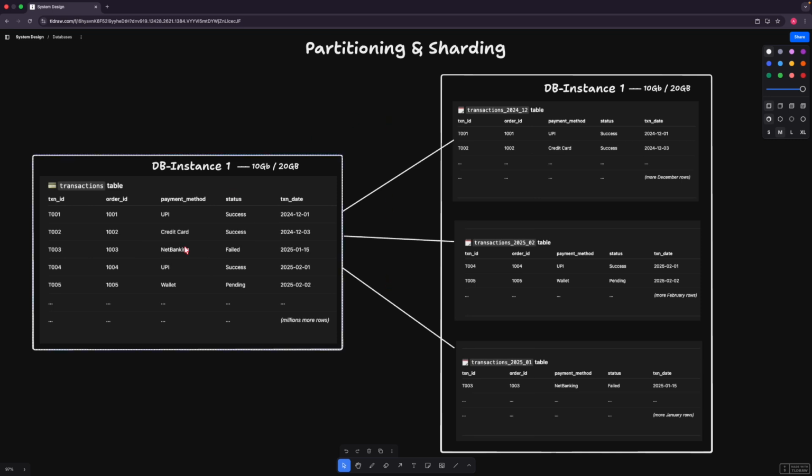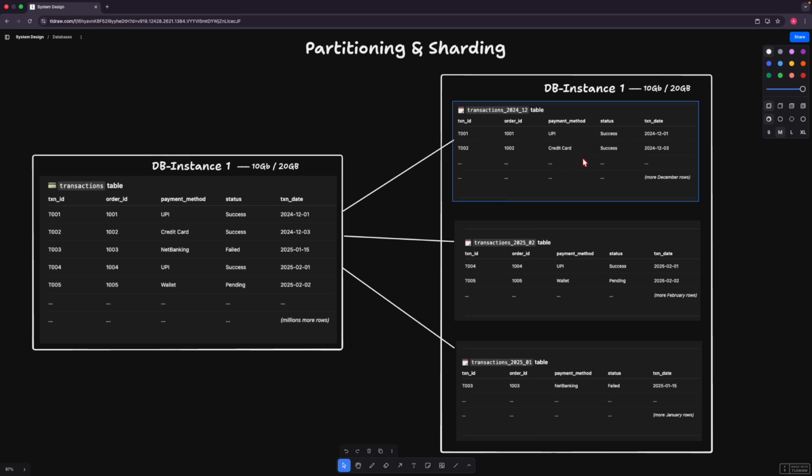So what do we do in partitioning? In partitioning, we work within the same database instance. Let's say we initially have a database of 20 GB, and 10 GB has been occupied by different tables. Let's consider that the 10 GB is occupied by the transaction table only. Because the response time has increased and we want to make it efficient, we go with partitioning, where we divide this table on some partition key into multiple tables.